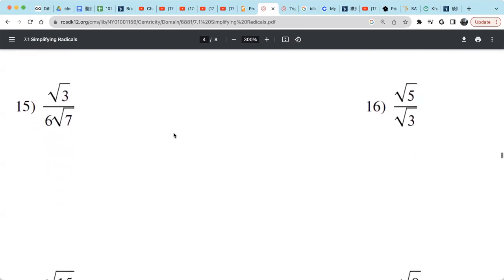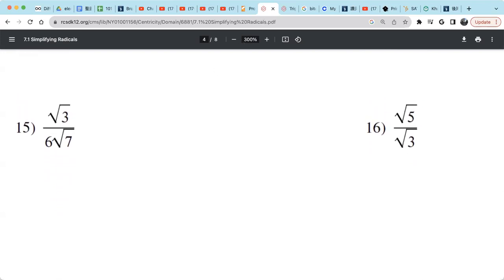Now let's see 15 and 16. Here we want to multiply by square root of 7 divided by itself.